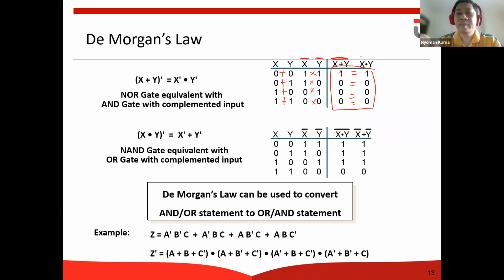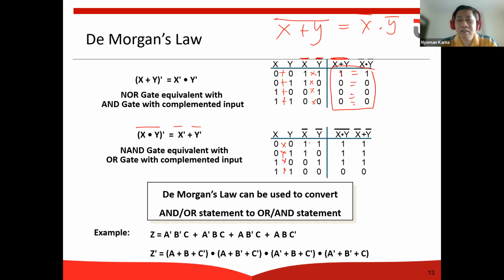So you can see that x plus y, inverted, is actually the same as x naught times y naught. Okay, the same thing in the second De Morgan's law. X times y, inverted, is actually x naught plus y naught. It's x times y: 0 times 0, 0, inverted to become 1. 0 times 1, 0, 1. 1 times 0, 0, 1. 1 times 1, 1, becomes 0.